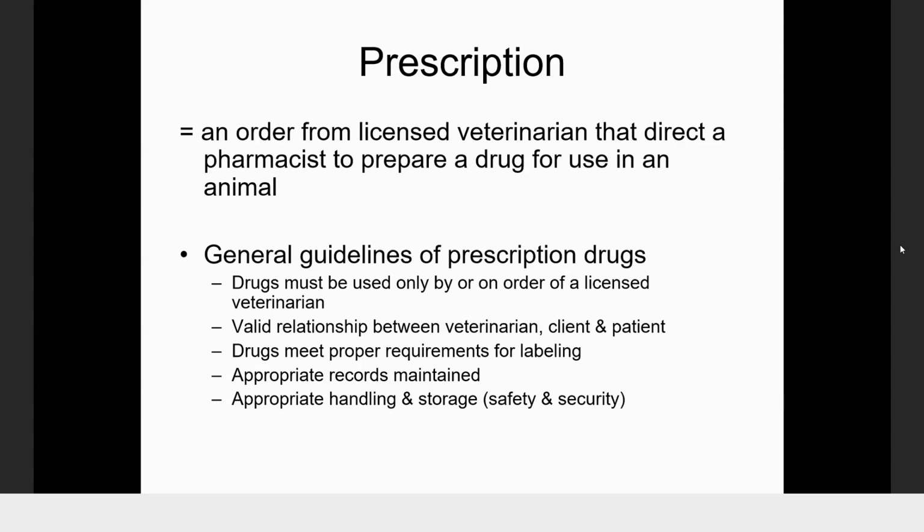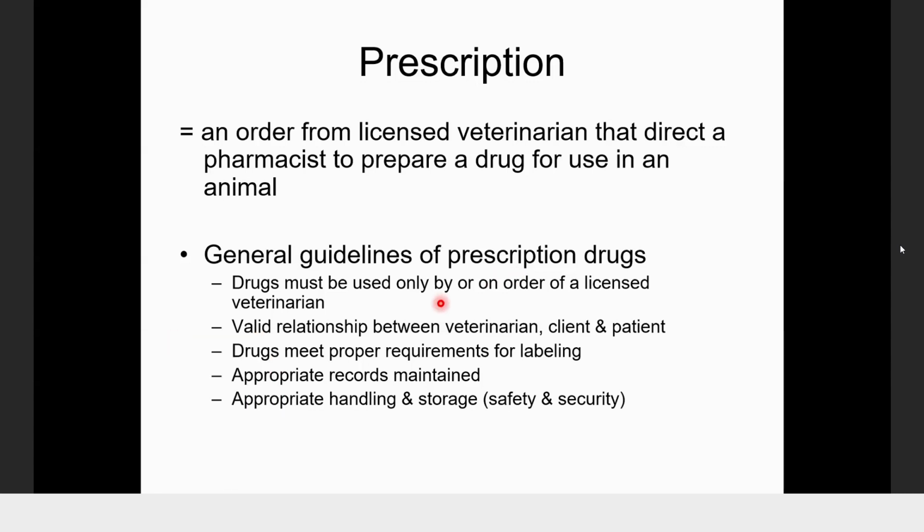If you don't have this drug in your clinic, you write a prescription so that the client takes the written prescription to another veterinarian in a small animal clinic, and gets the drugs which are not available from your clinic. So that is a prescription. Now, the general guidelines of prescription.